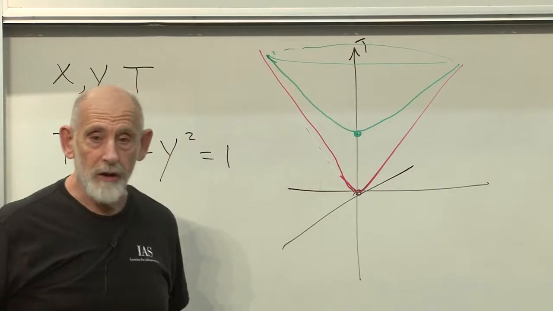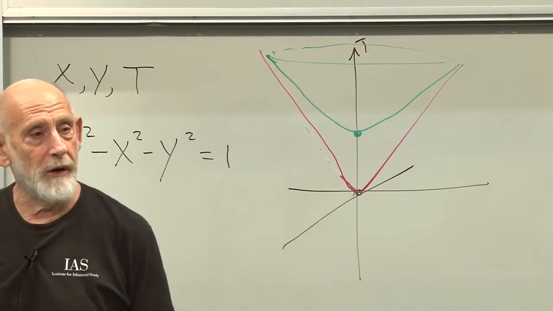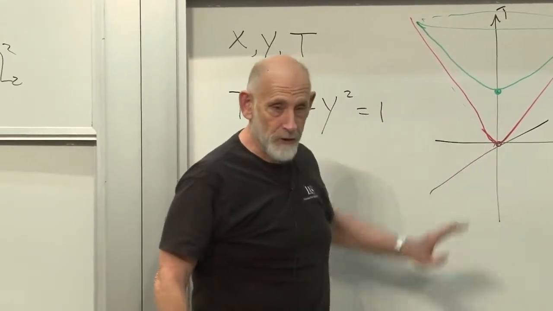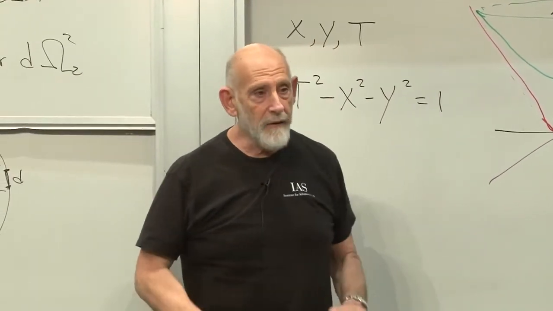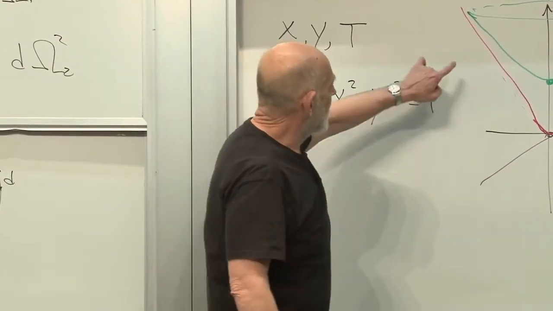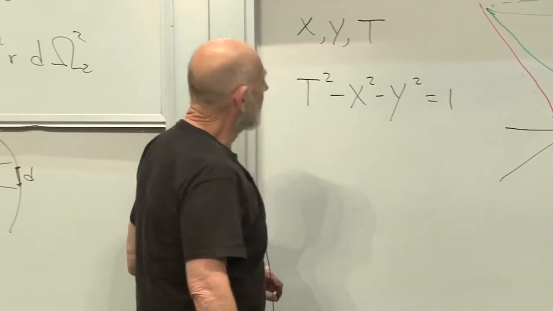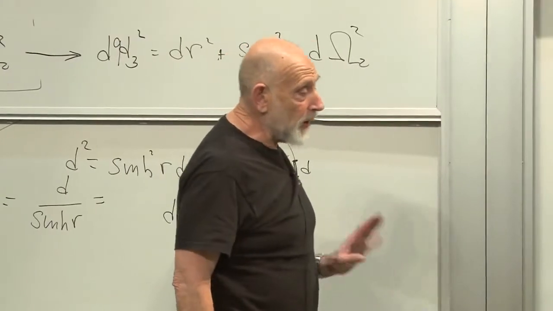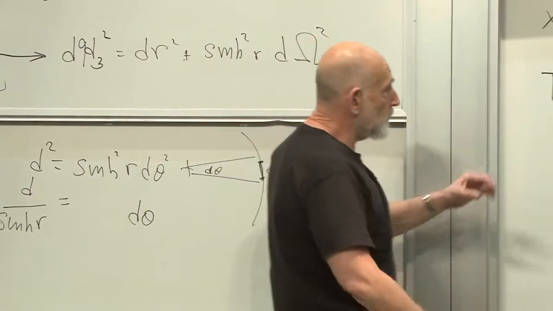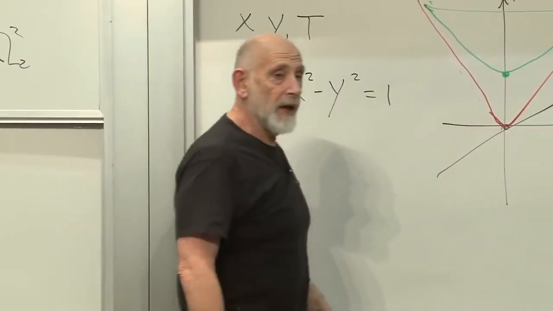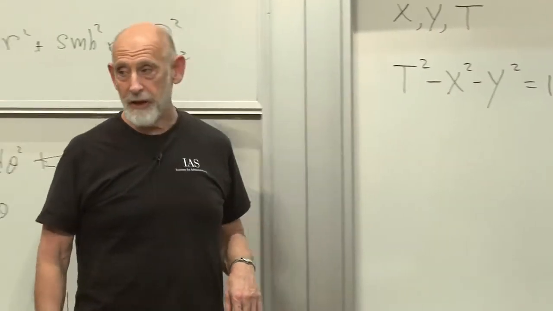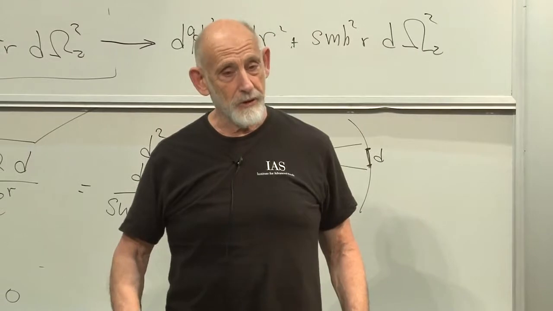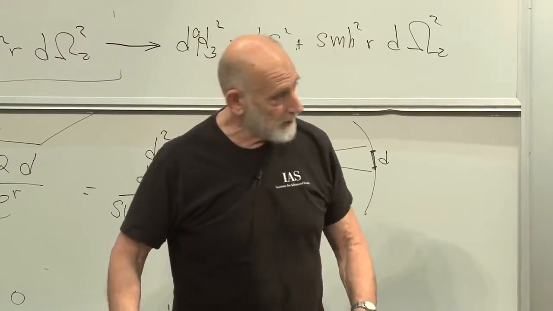It does not look like every point on this hyperboloid is the same as every other point. It really looks like this one is special, but it's not. If you use the metric, not dt squared plus dx squared plus dy squared, but you measure distances on here as dx squared plus dy squared minus dt squared.